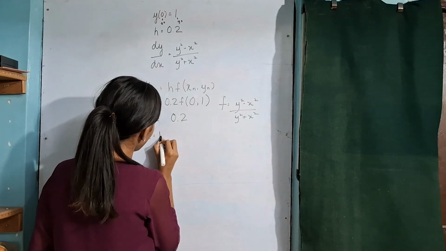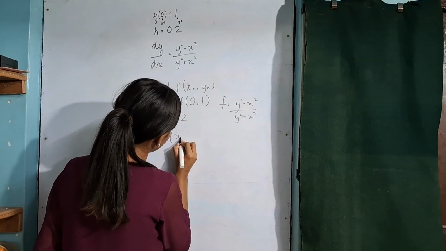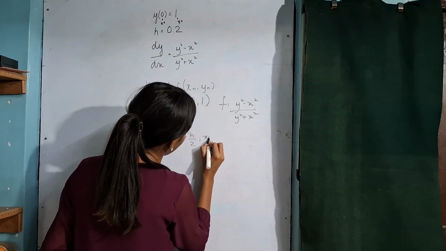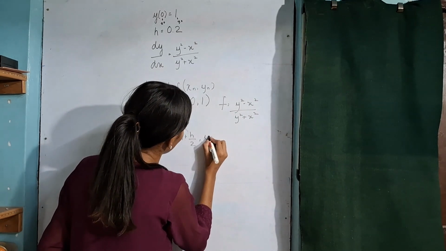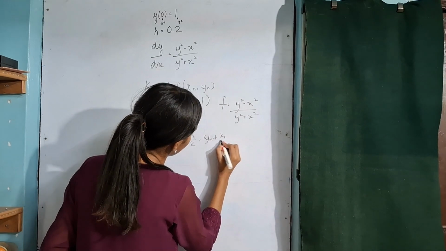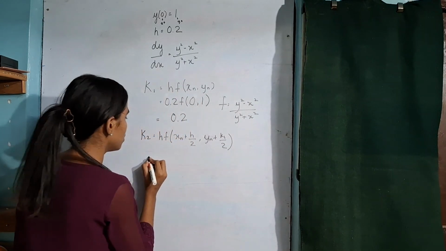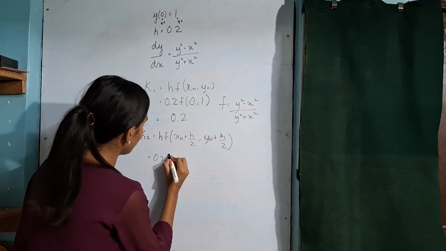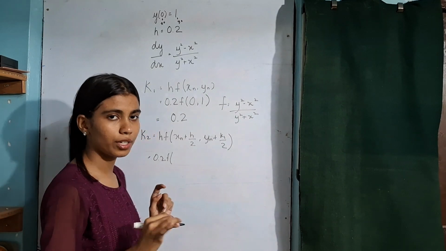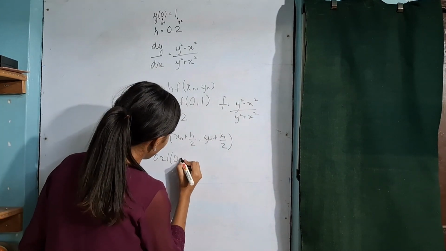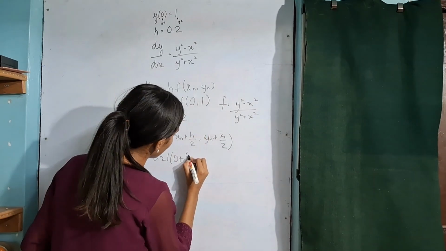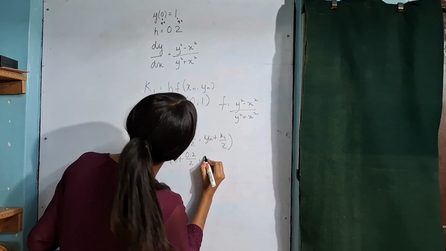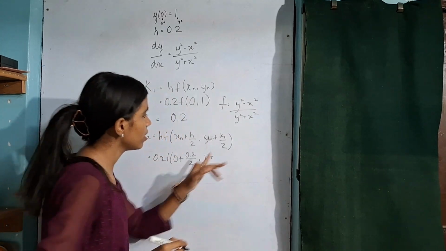For k2 the formula is h of f of xn plus h by 2, comma, yn plus k1 by 2. Your h value you already know, it is 0.2. Your xn value you already know, that is 0, plus the h value is also known, that is 0.2 by 2, comma, yn is 1 plus your k1 value.